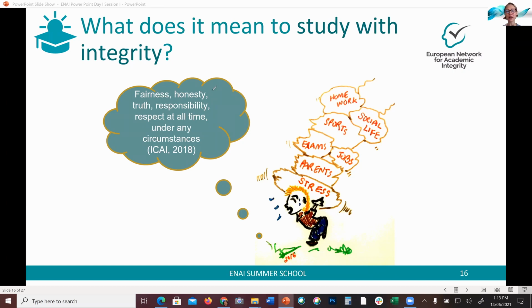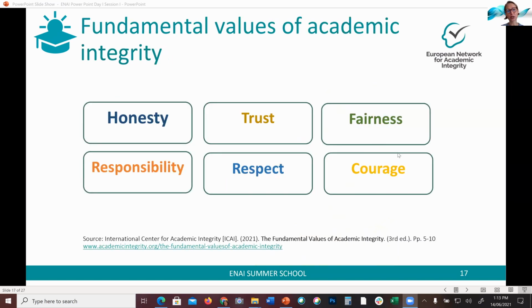So there we can find a lot of reasons and rationalizing why to turn to some practices that do not go in line with integrity. However, we and others who work in the academic integrity field call for you to adhere to the values of academic integrity in any circumstances, because this is important.